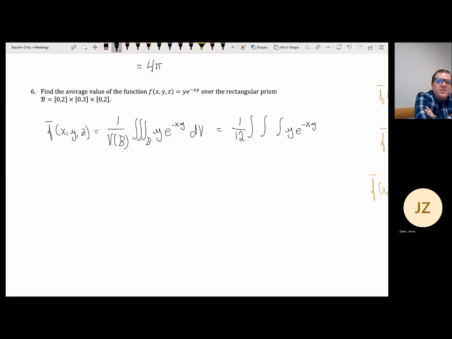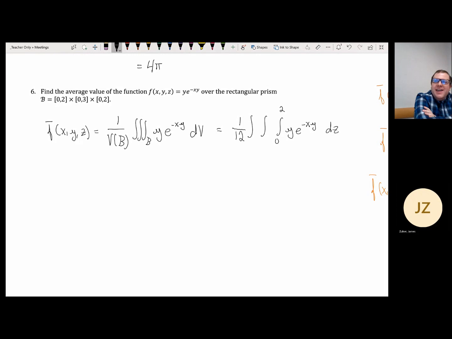The first differential should be obvious. The integrand doesn't depend on z, so that's going to be really easy to do. Now we have to decide, do we want to do dy dx or dx dy? We have a problem.